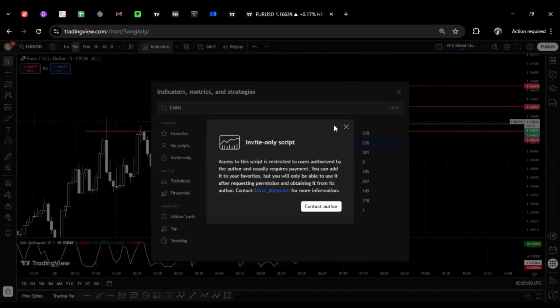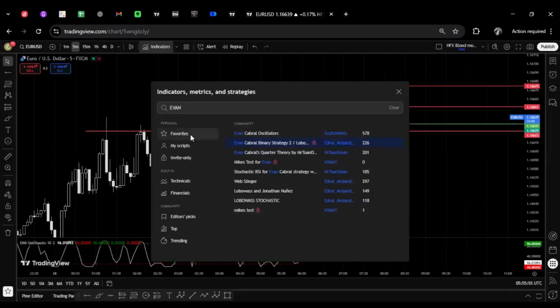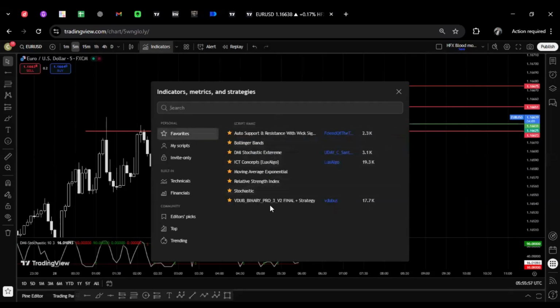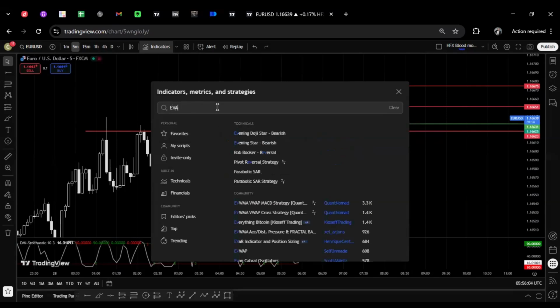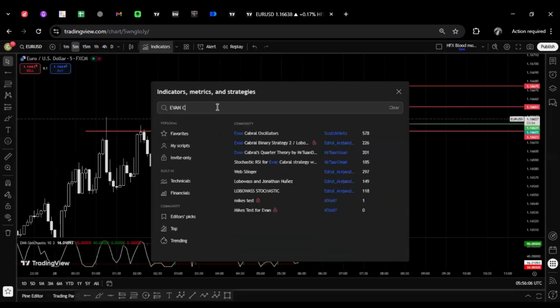It's been locked. You will no longer have access to it. Interesting. It's always one of my favorite indicators anyway. It's no longer open. So let's stick with our view anyway.